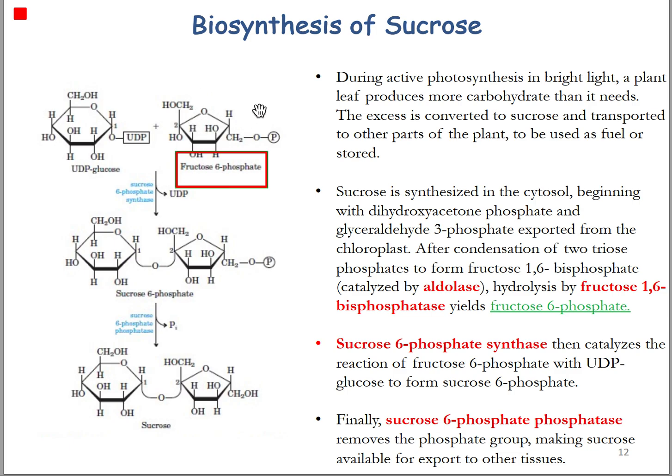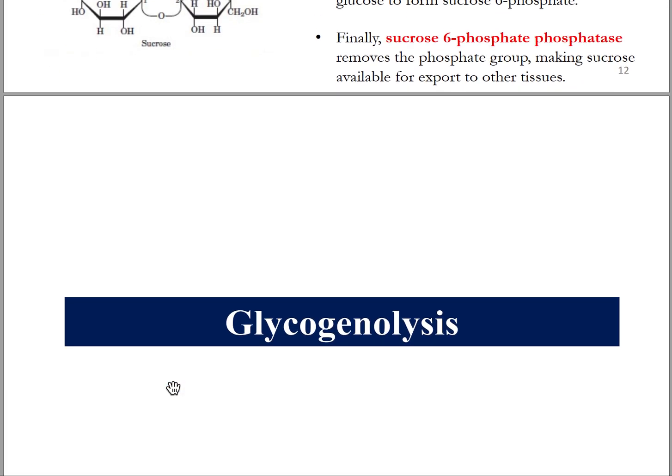That reaction is catalyzed by aldolase, and then fructose 1,6-bisphosphate hydrolysis produces fructose 6-phosphate, and sucrose 6-phosphate synthase then catalyzes the reaction of UDP-glucose and fructose 6-phosphate to form sucrose 6-phosphate. Then finally sucrose 6-phosphate phosphatase removes the phosphate group, making sucrose available for export to other tissues.